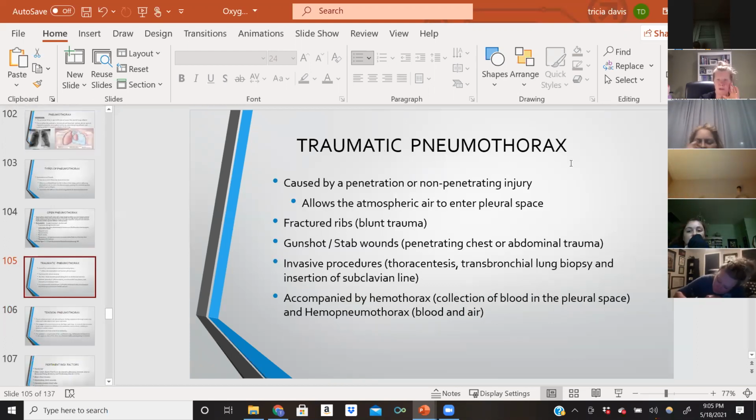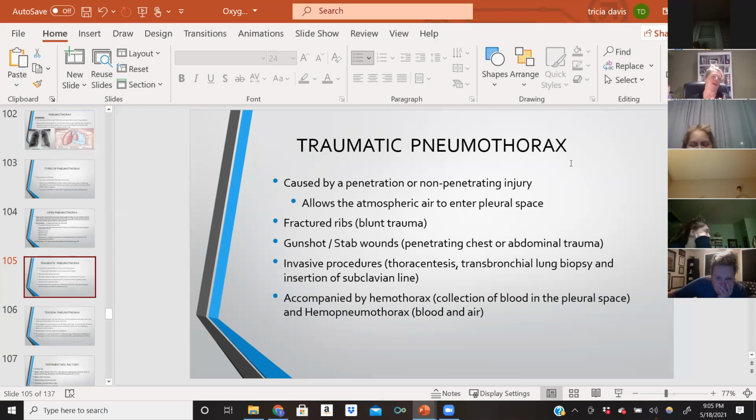So a traumatic pneumothorax is going to be caused by a penetrating or a non-penetrating injury. So some type of injury occurs or some type of penetration occurs, and it's going to allow atmospheric air to enter that pleural space.